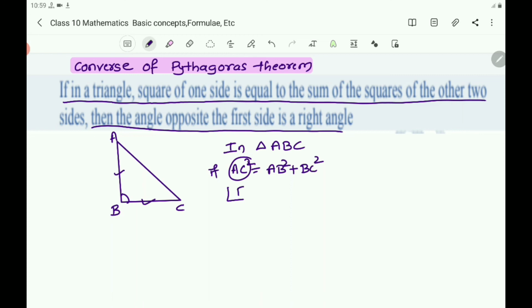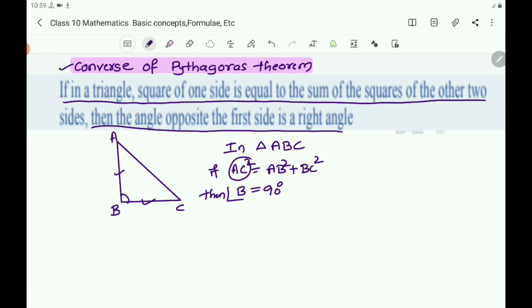So angle B equals 90 degrees. That is the statement of the converse of the Pythagoras theorem. So in a triangle, if the square of one side is equal to the sum of the squares of the other two sides, then those two sides contain a right angle, or the angle opposite to the first side is a right angle. Both are the same here. So that is the converse of the Pythagoras theorem.